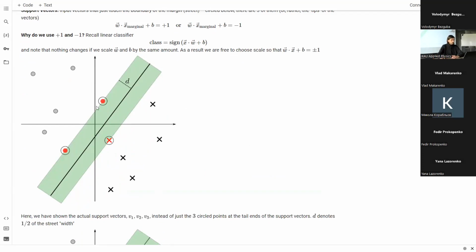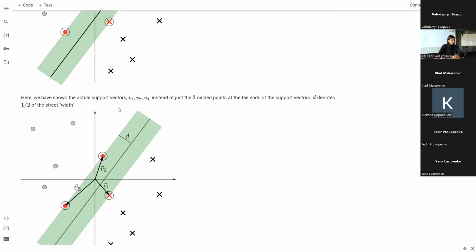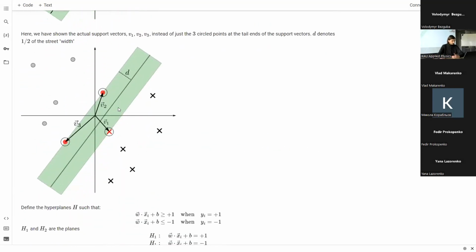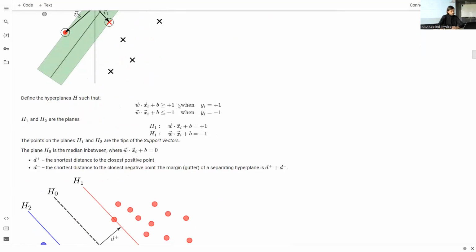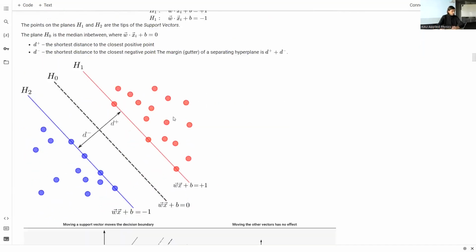You see once again two classes, separated with this line, and the closest vectors, the support vectors, lie within the distance of d to this line. Here you see once again the formulae that I have shown you. For class +1 we have this inequality, for class -1 we have this inequality. We have seen that.